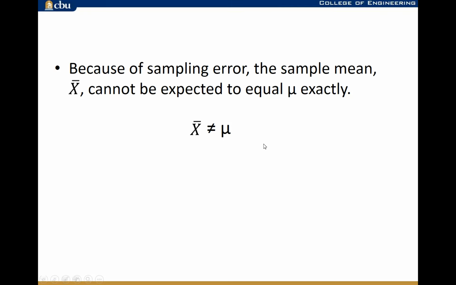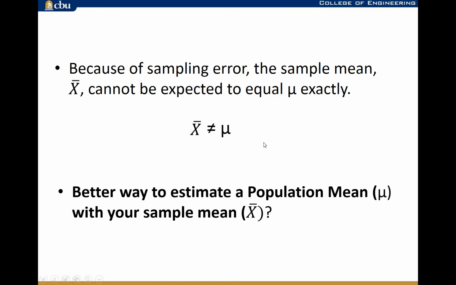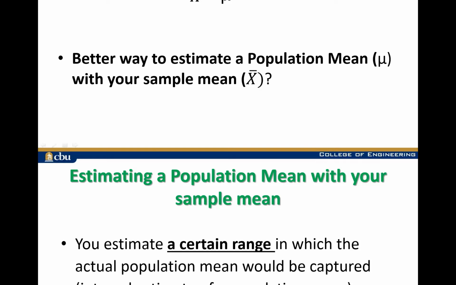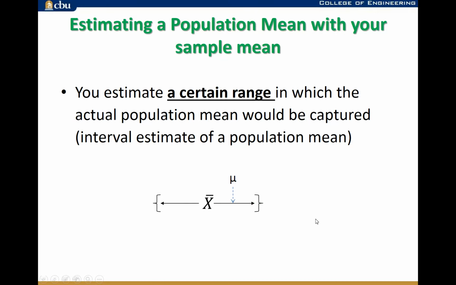So what is a better way to estimate a population mean with your sample mean? We can estimate a certain range of your data, and say what the range is compared with the exact population mean, and we call this a confidence level.